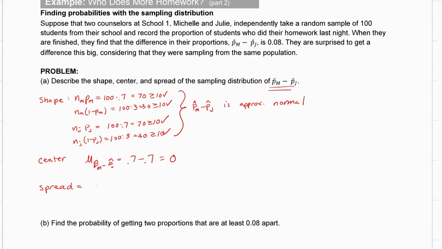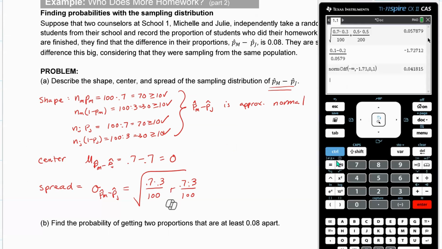Well, as we said before, the standard deviation of the difference in these two proportions is going to be the square root of 0.7 times 0.3 over 100 plus 0.7 times 0.3 over 100. I suppose we should get out the calculator again and find out what value that is. So control square root, control fraction, 0.7 times 0.3, and that's all divided by 100.